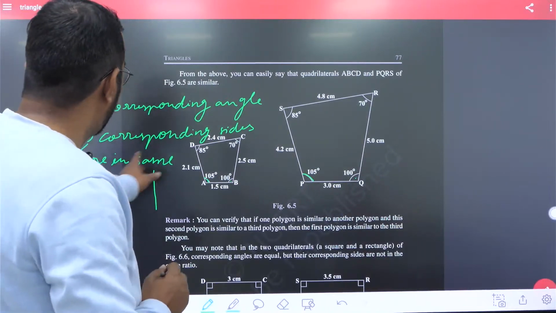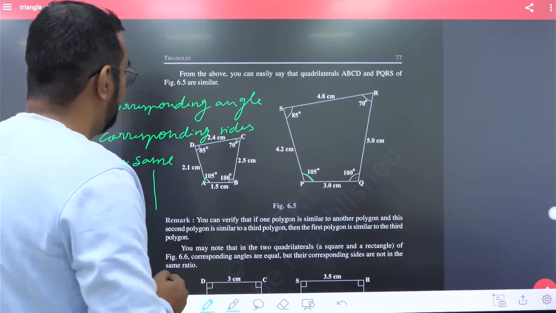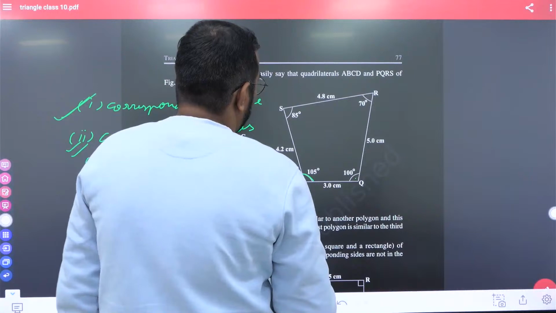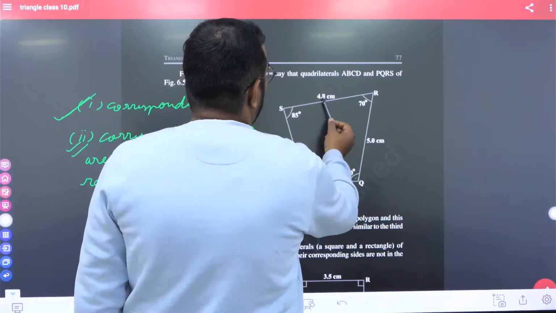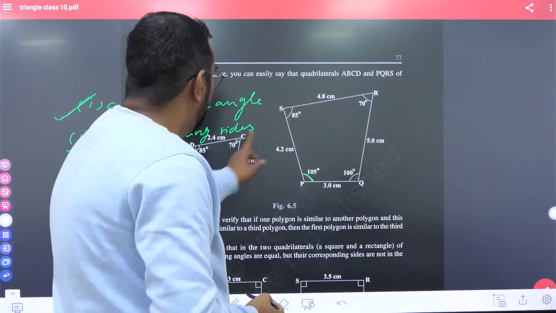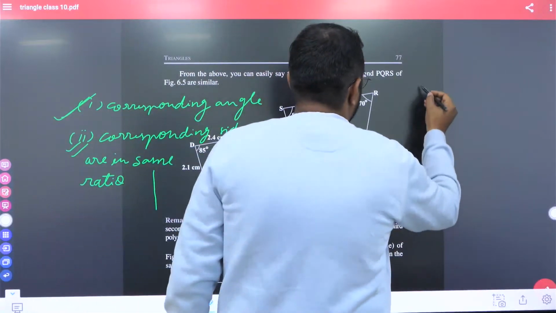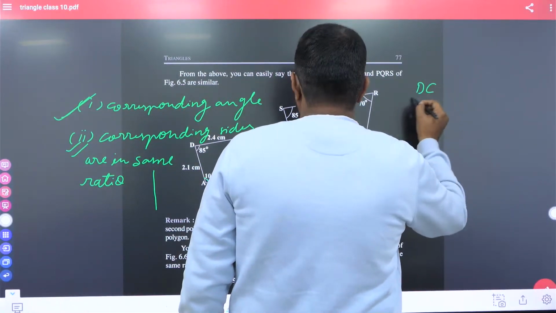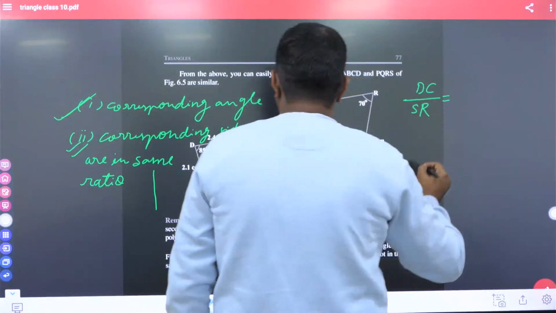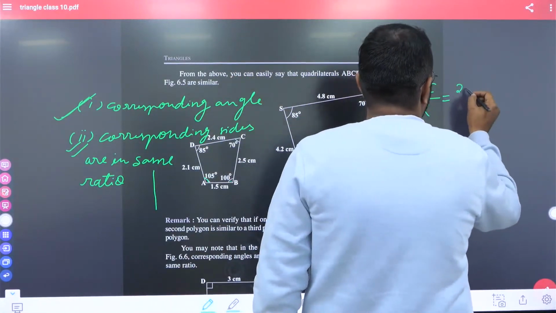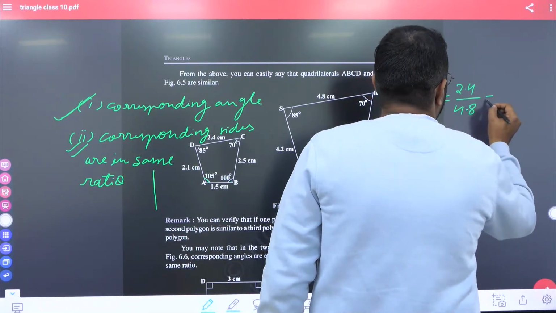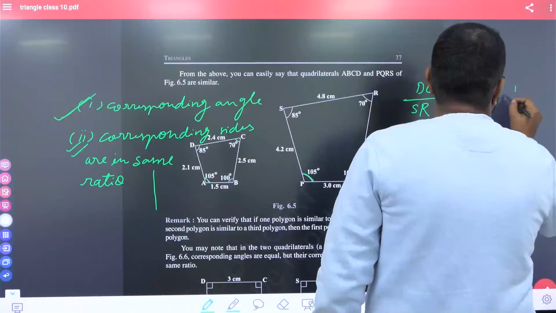So DC is 2.4 and SR is 4.8. Now find the ratio of these two. DC upon SR equals 2.4 upon 4.8. By simplifying, you get 1/2.